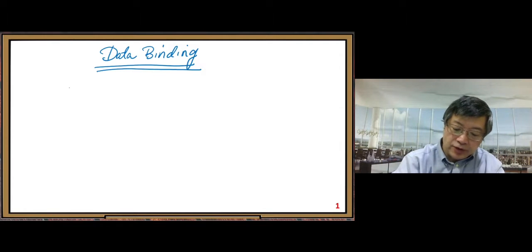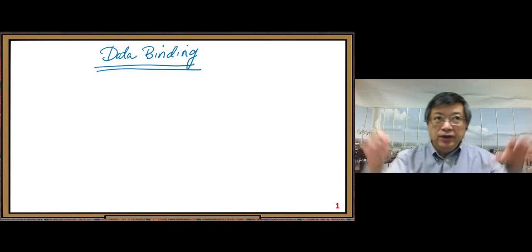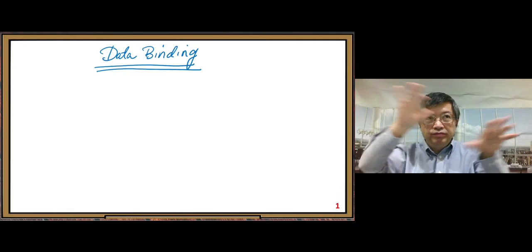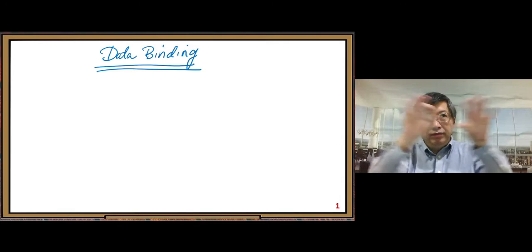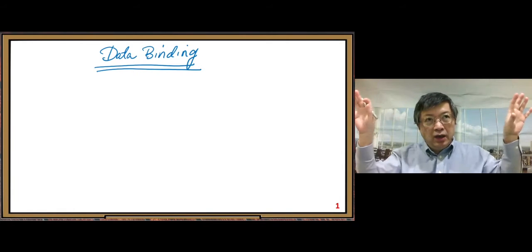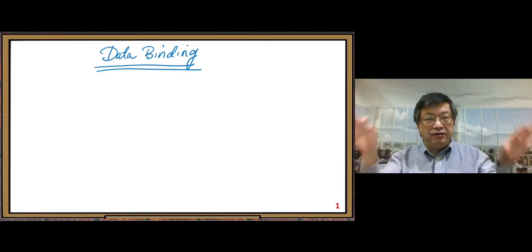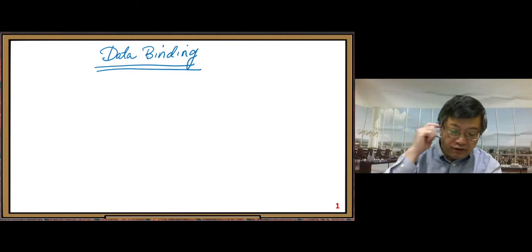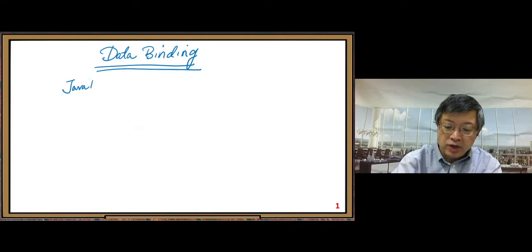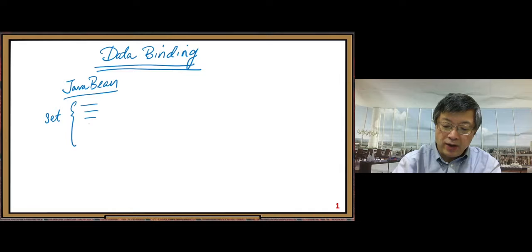First, we bind two sets of data items. The first set is in a Java Bean: you have a set of properties, many properties.